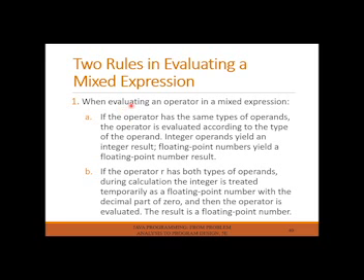Number 1, when evaluating an operator in a mixed expression, A, if the operator has the same types of operands, the operator is evaluated according to the type of the operand. Integer operands yield an integer result. Floating point numbers yield a floating point number result. B, if the operator has both types of operands, during calculation, the integer is treated temporarily as a floating point number with a decimal part of 0, and then the operator is evaluated. The result is a floating point number.